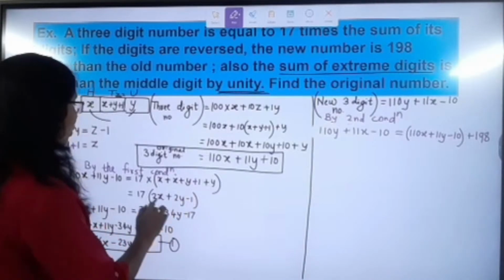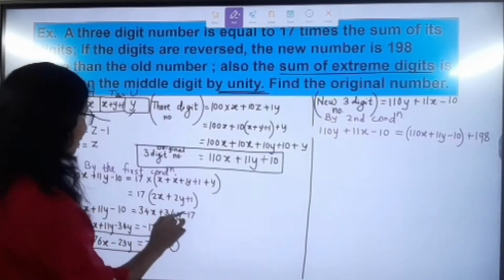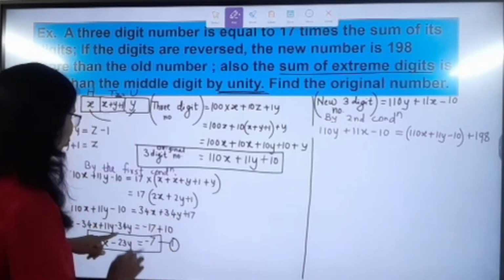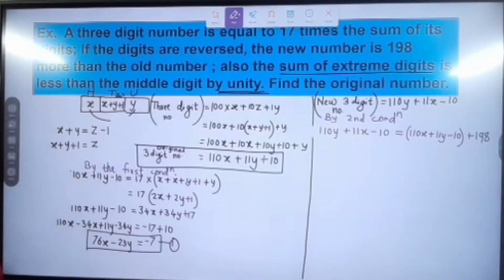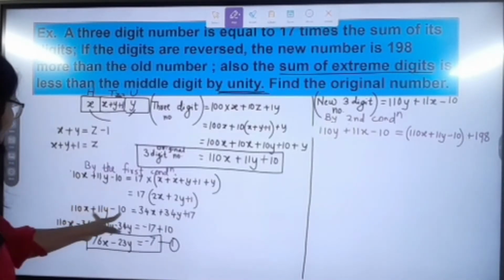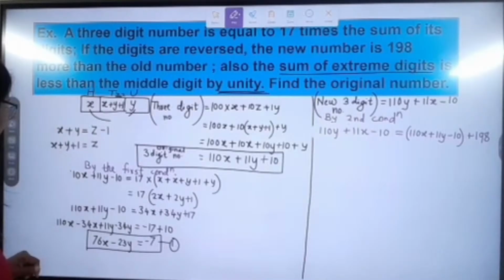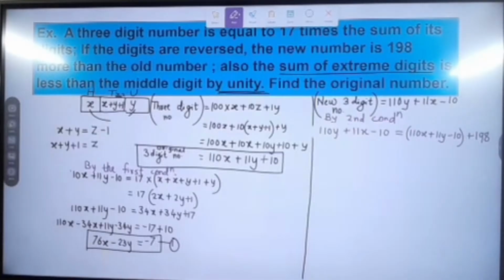So 2x plus 1 and then plus 17. By the first condition, 10x applies, plus 17 and plus 10. So here it comes 27, students.